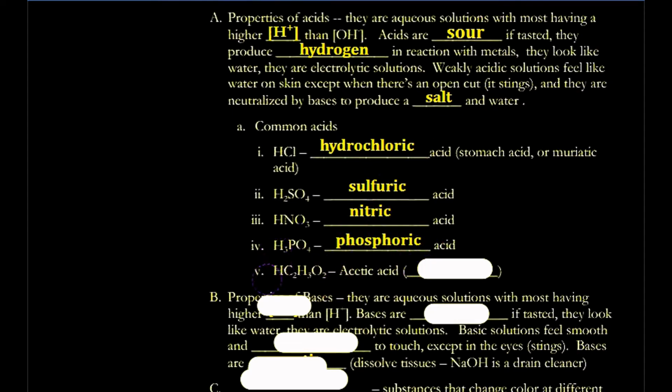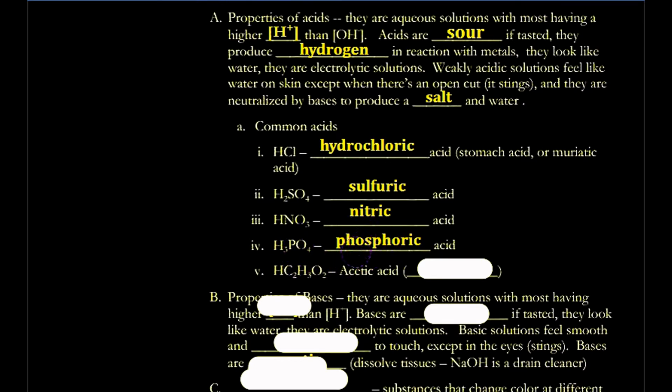Phosphoric acid is really important biologically. If you get rid of those H's, that PO4 is the phosphate that we use in ATP. So that's an important ion right there.